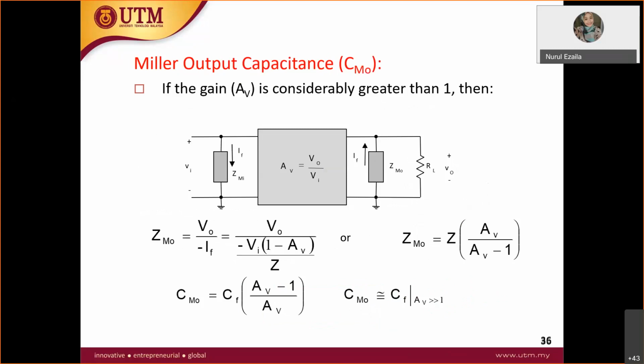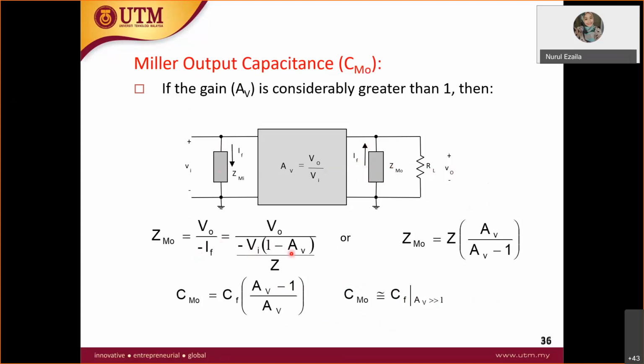At the output, it is ZM out. The voltage across ZM out is V out. The current is going up, because the current in this direction is feedback. Therefore, V out over negative IF.